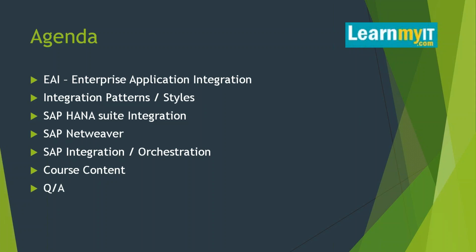And then we will try to understand what the SAP HANA suite is, and where it fits with the integration. Then we will dig into the SAP NetWeaver architecture, how our PI or PO stack got established. Then we will go through the complete course content. And finally, we will have some space for question and answer sessions.